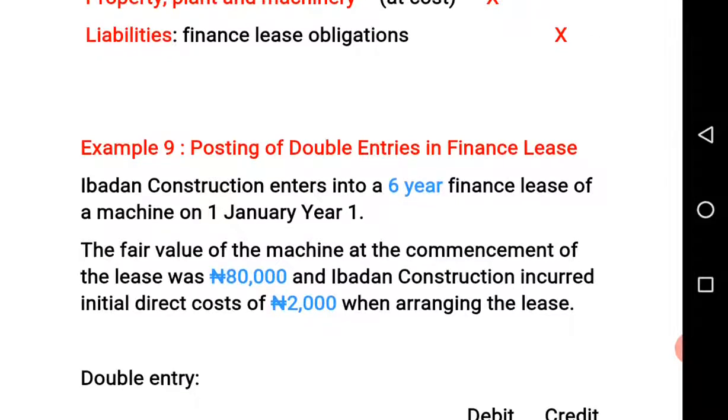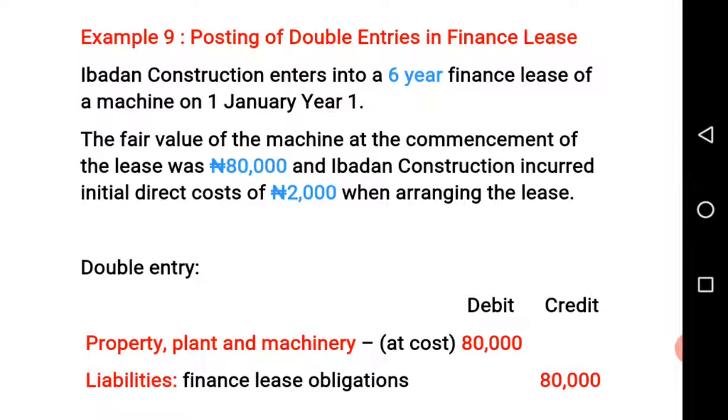Now we know how to treat initial direct costs. Now the double entry here, we have the property, plant and equipment. You capitalize it, 80,000. You have the liabilities, that's the finance lease obligation, as 80,000 too as a credit.